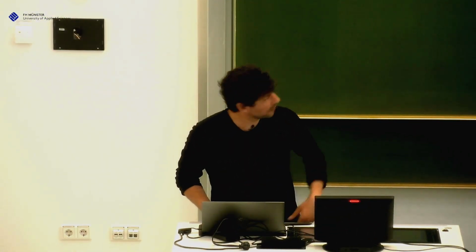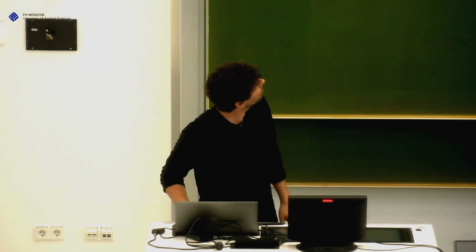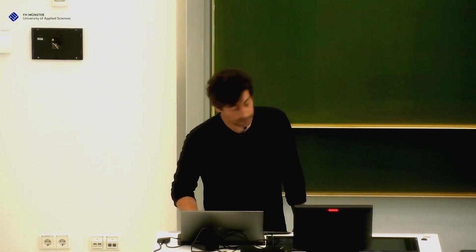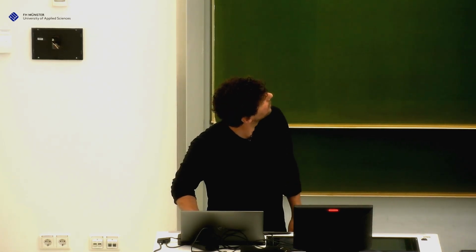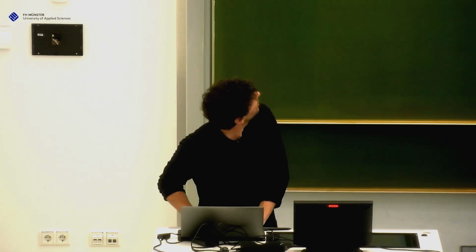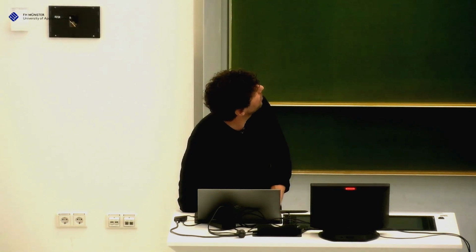I didn't try it. But what you see here is we have a Python code. Now I have to check where my mouse is. Okay. And here one of the students in the project work tried to explain how a vinyl record player works.